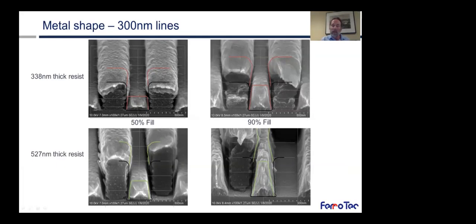Now, in this case, on the thicker resist, 50 and 90, we still continue those trapezoidal features because although we still have that little bit of necking in due to the metal deposit on top of the photoresist, it's a smaller fraction of that total width, so we're able to achieve an increased thickness profile.